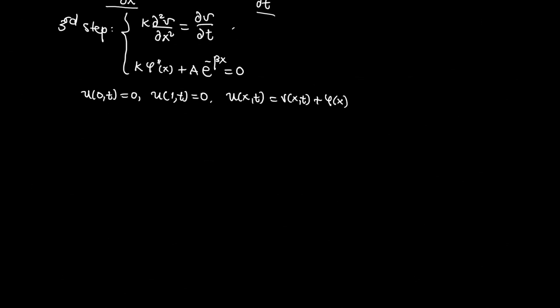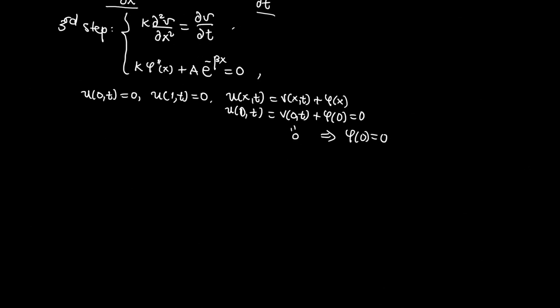Okay, for the first boundary condition, u(0,t) has to be equal to v(0,t) plus phi(0), has to be equal to 0. For the PDE, usually we want to have the boundary condition to be 0, right? So I want this to be 0. That implies that phi has to be 0.